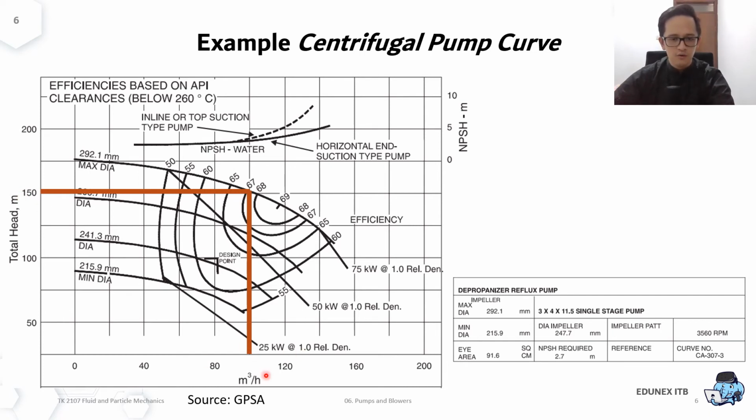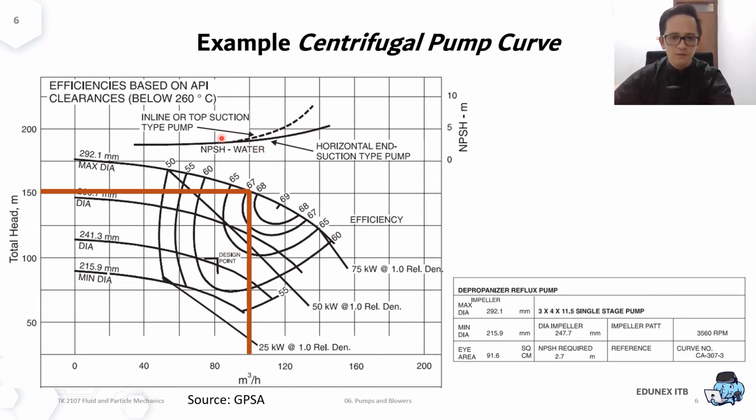So if you have 10 meter as the suction head, the discharge head of this pump will be 160, 10 plus 150, and so on. And then you can match it with the curve. It intersects with 67% efficiency. But at a different condition, you may have a different efficiency and different head as well.